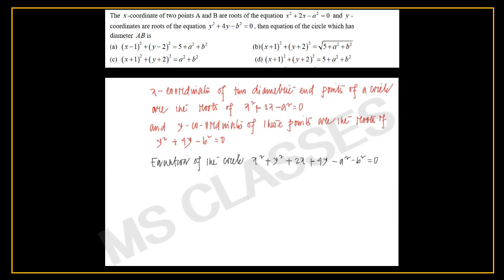So this is the equation of the circle which we get. Now what you have to find out here? Just the equation which you have already got. Now if you want to compare with the given expression and according to the option, then we can write it as x plus 1 whole square plus y plus 2 whole square equal to a square plus b square plus 5.